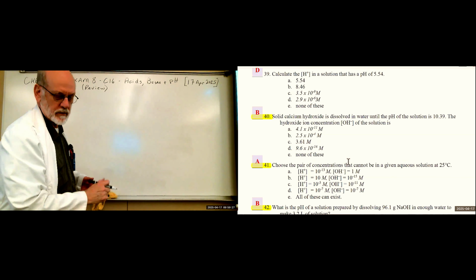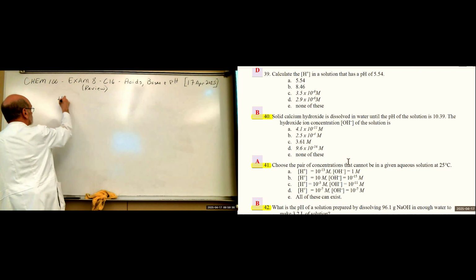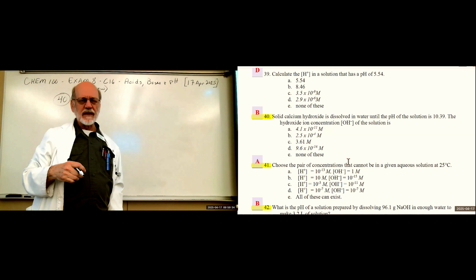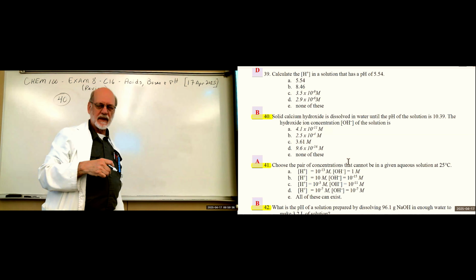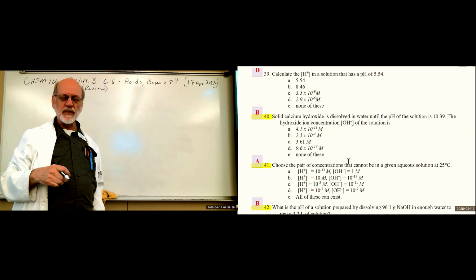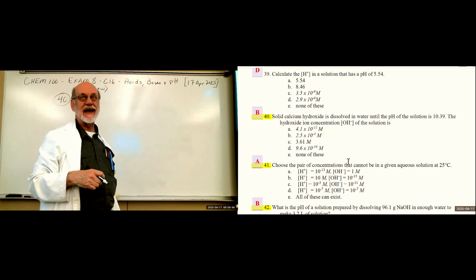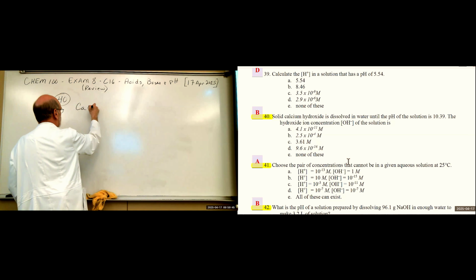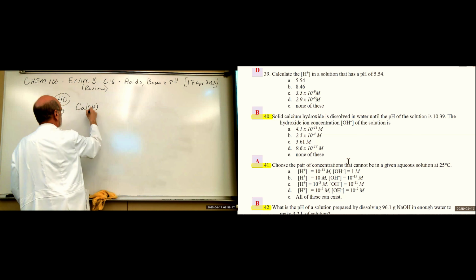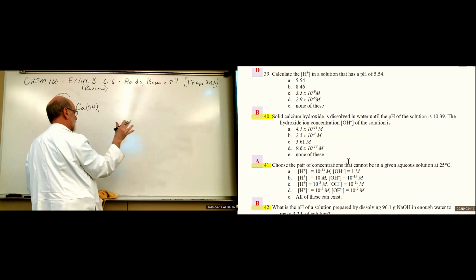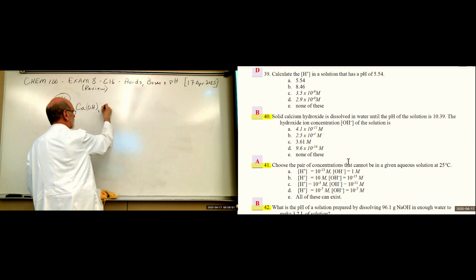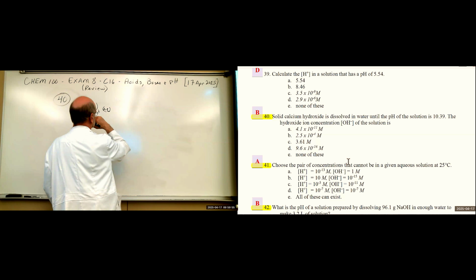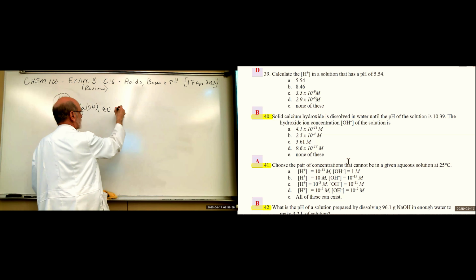Let's see, here's another one, 40. Solid calcium hydroxide is dissolved in water until the pH of the solution is 10.39. Okay. Solid calcium hydroxide. It's dissolved in water. And what that produces, we're going to simplify this.